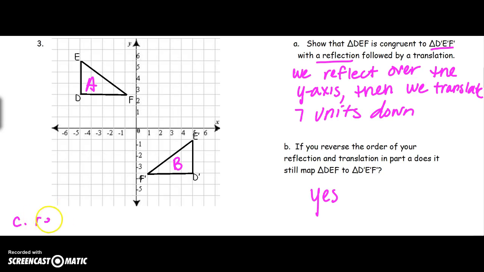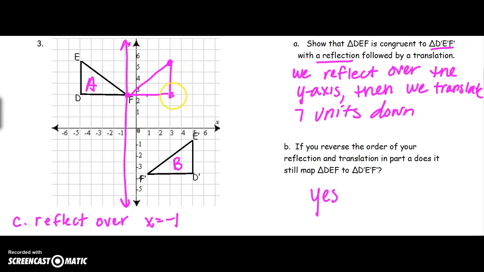The first thing we're going to do is let's reflect over x equals -1. And x equals -1 looks like this. So if we were to reflect over this, now how can we move this triangle down to B?